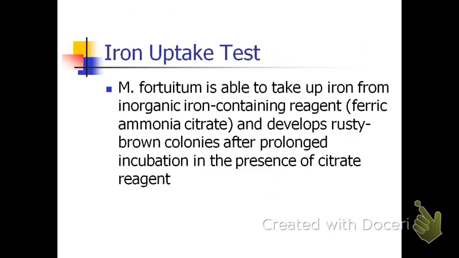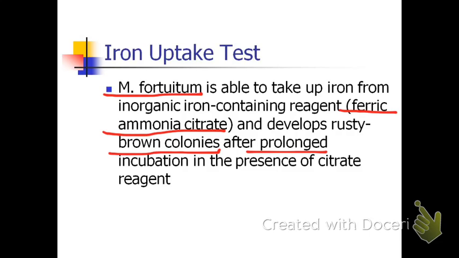Another one is the iron uptake test. So this concerns another species of Mycobacterium, Mycobacterium fortuitum. These organisms have the capability of taking up an inorganic iron-containing reagent, usually in the form of ferric ammonium citrate, and eventually develop rusty brown colonies after prolonged incubation.